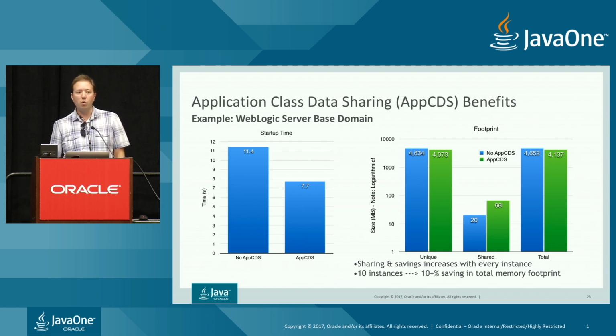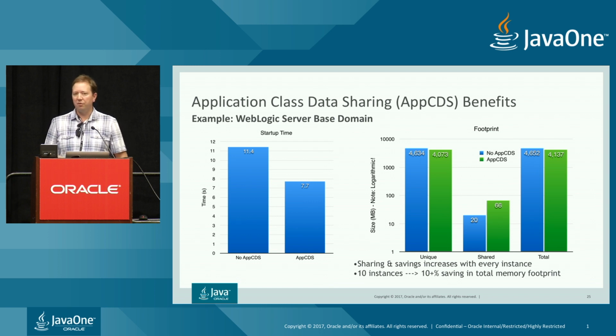So the fact that now more of the data can be shared across instances means that you have less waste, less footprint for the individual instances. And obviously the more instances you run, the better. This does assume to some extent that you're running similar applications, that it's either the same exact stack of software, or at least that they share some common frameworks and libraries.